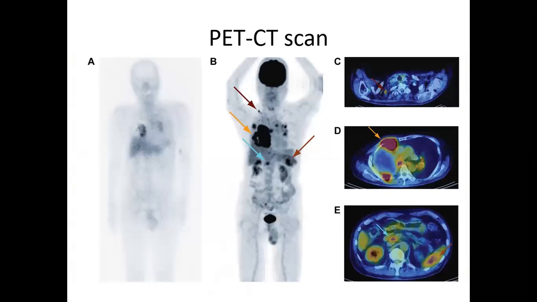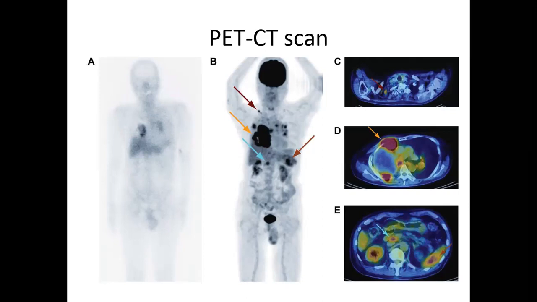In photo B, we can see the black areas with arrows indicating enlarged and involved lymph nodes. And on the left, the photo A shows the normal PET-CT after the patient had received the treatment.